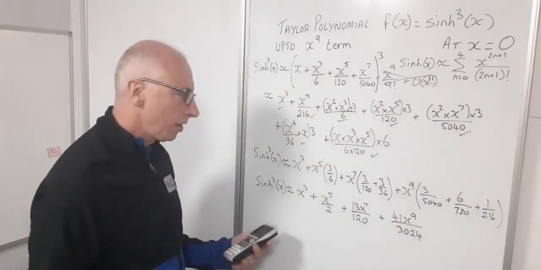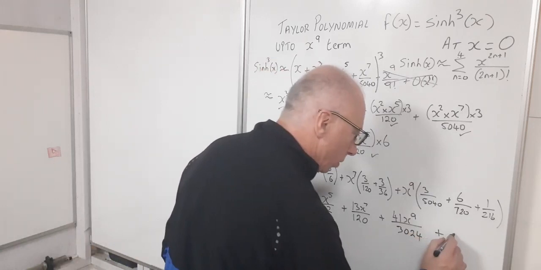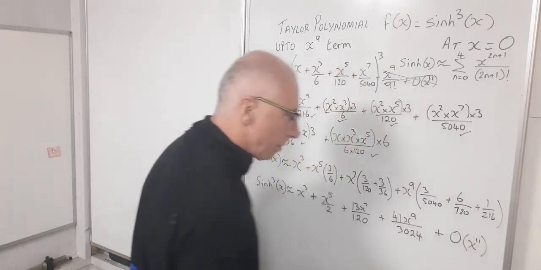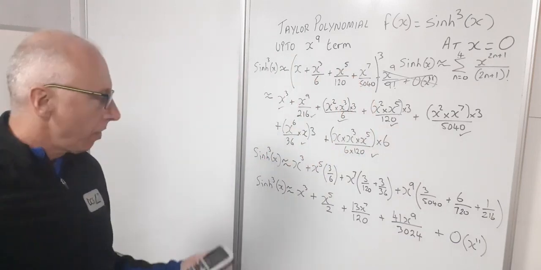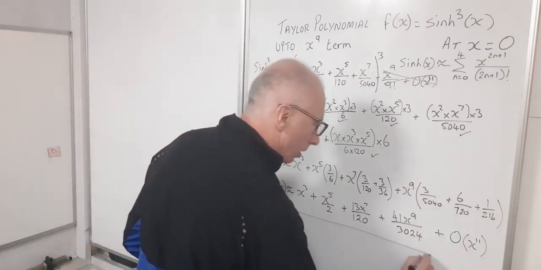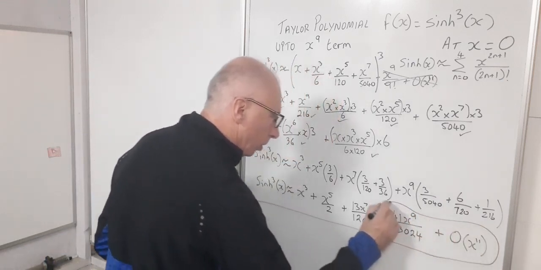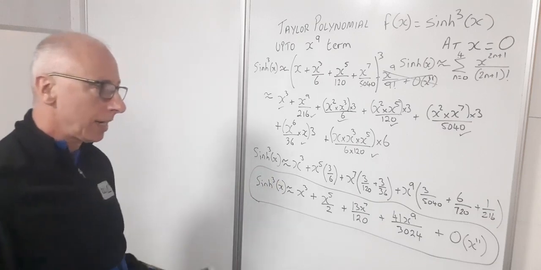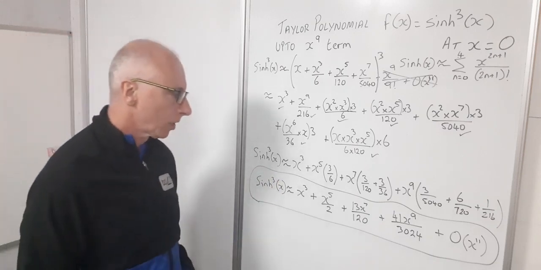That's up to the x to the 9, but just to finish it off, I'm just going to put my O notation for x to the 11, which will be the next term. And there we go. That's what I'm going to submit as my answer. So that's the Taylor polynomial for sinh cubed of x, up to and including the x to the 9 term.